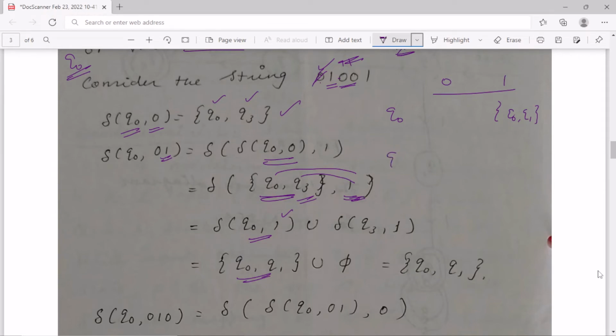Next, Q3 with 1. In Q3 there are no possible states after reading 0 or 1, so that is an empty set, phi. I just write it here. These are all the states we take from the transition table. The union of any set with the empty set is the set itself, so we have Q0 Q1.